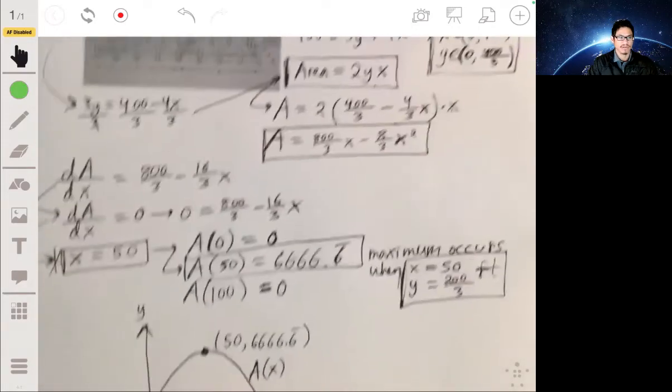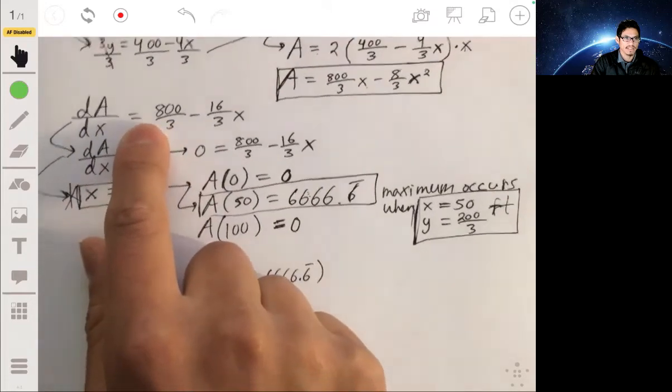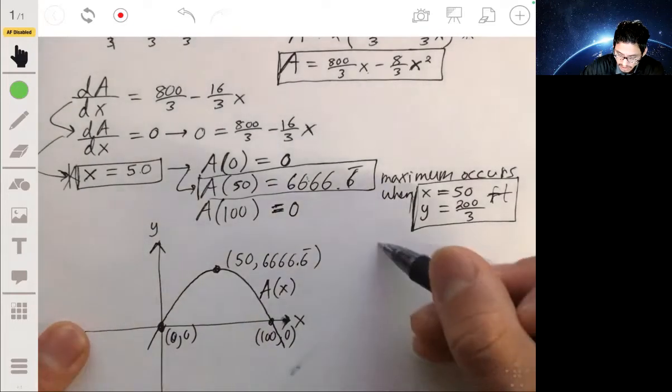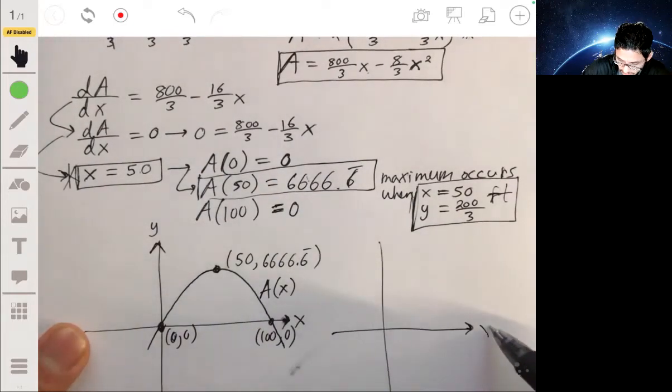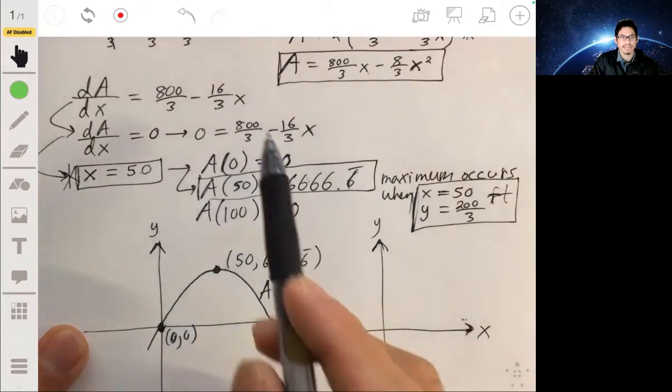Now, the other thing you could do is if you want to look at the first derivative and analyze it in a calculus way, the first derivative is this equation. Think for a second what that equation would be, even though it looks more complicated than it is.